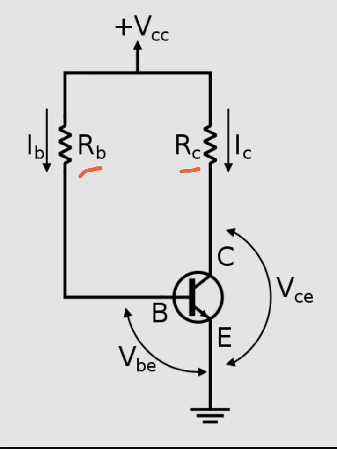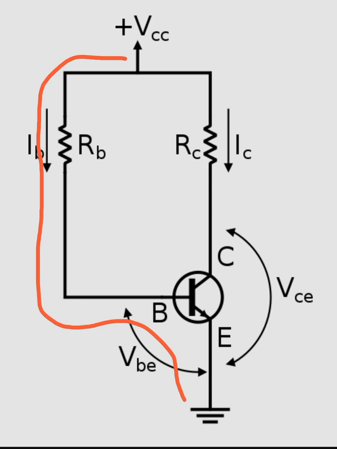Let us see how. There is a supply voltage here, and on the input side of the circuit we can apply Kirchhoff's voltage law to determine various currents and voltages. So the KVL would be VCC minus IB RB minus VBE equal to 0.